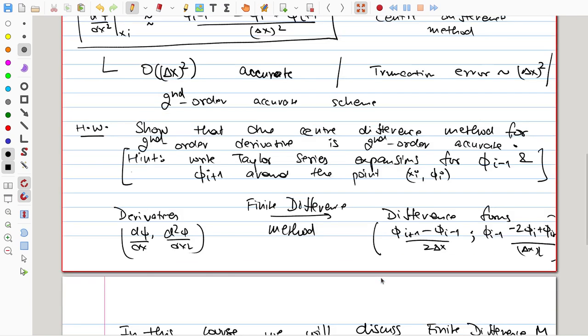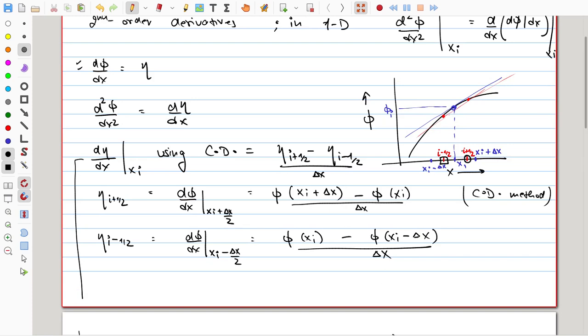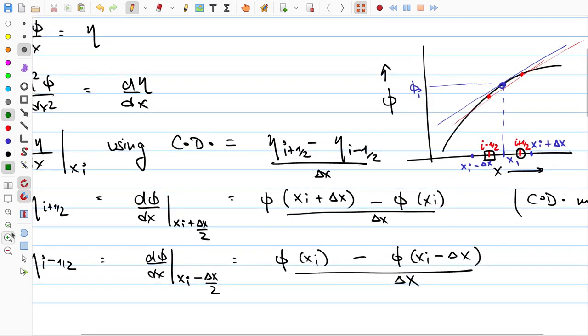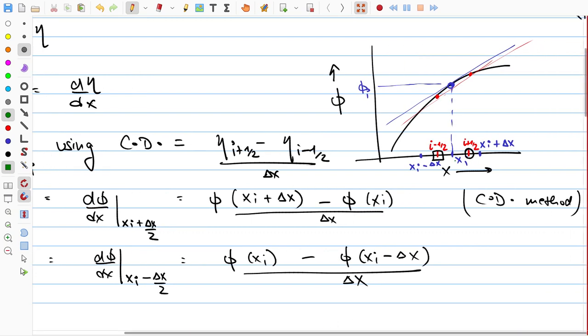Okay. So till now we have been assuming that this interval size that we have, so we have an interval here and we have an interval here. They are both of delta x sizes.